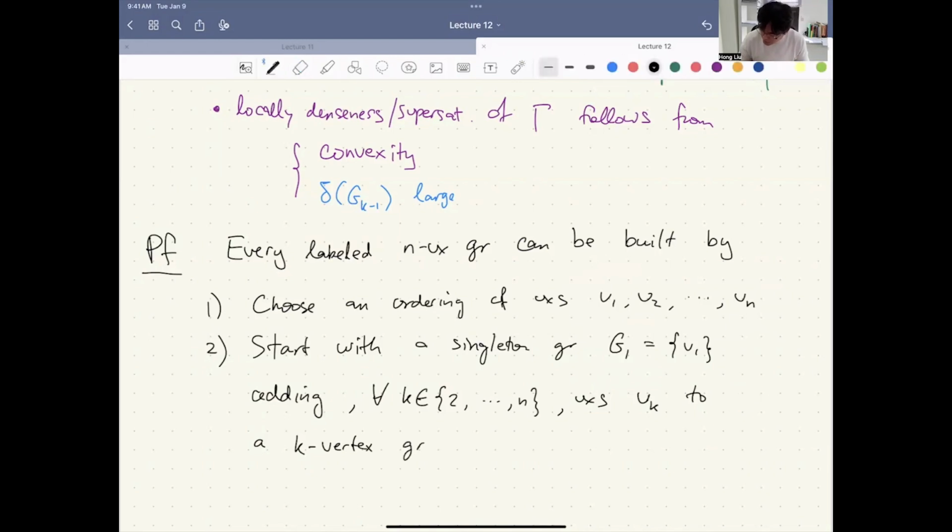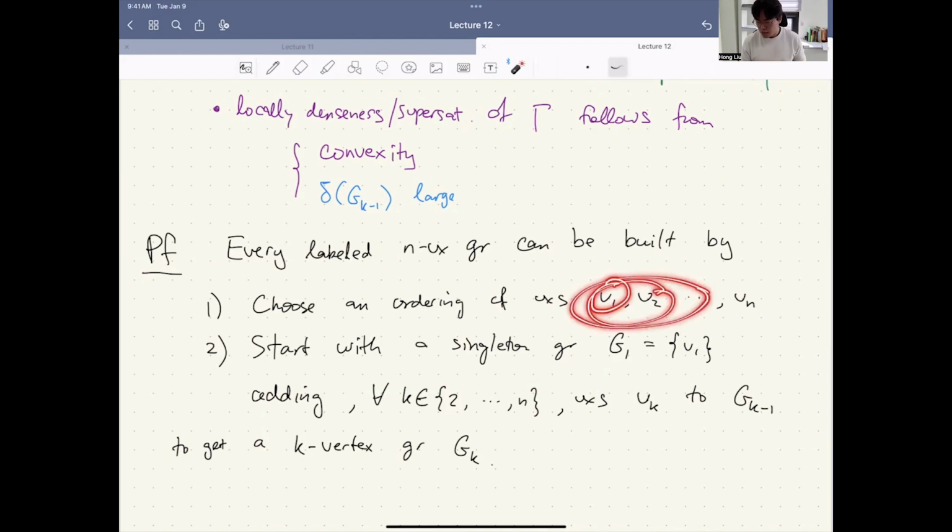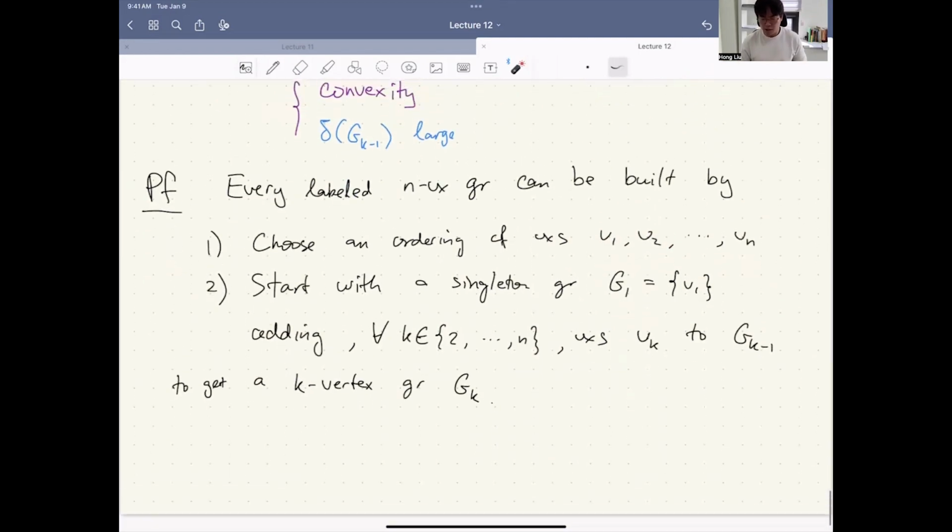Adding vertex Vk to the previous graph G_{k-1} gives the k-vertex graph Gk. So you have G1, G2, ..., Gk, growing to Vn, Gn.